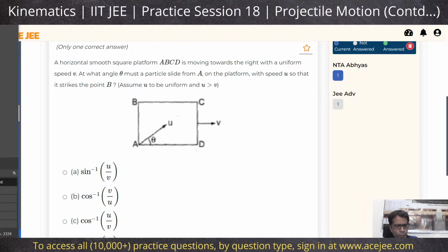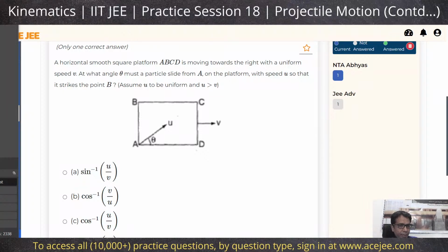Okay, for the students on YouTube, the trick is to realize that the distance in the horizontal direction covered by A should be the same as the distance covered by B. Now, in the same time, the particle should also cover the vertical distance, or the distance towards B, in the same amount of time, right?